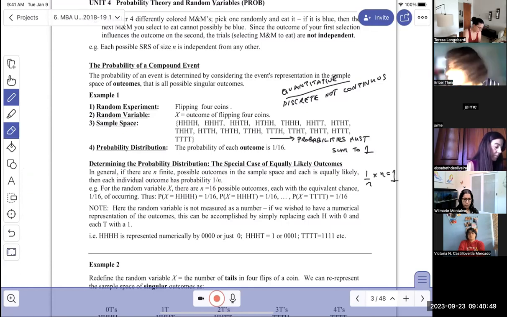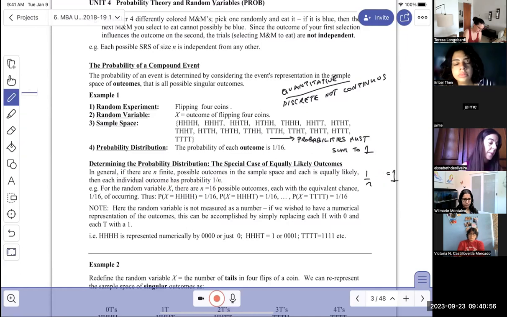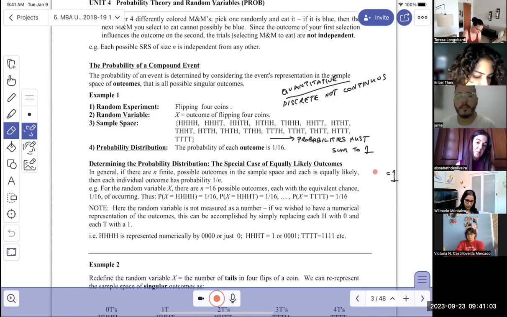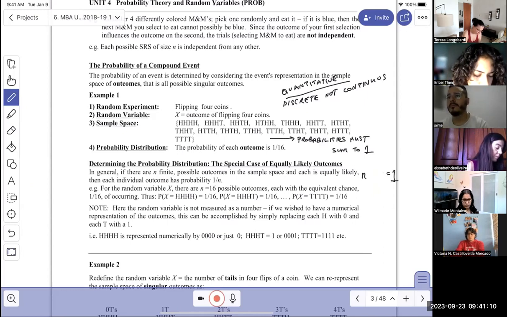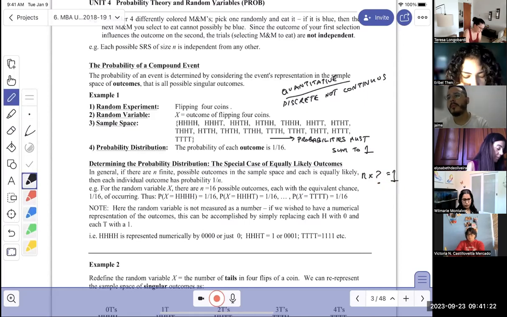Or you could motivate that: if they're all the same, what letter should I use? I'm going to just use a question mark, okay? So they're all the same times whatever the question mark is should be 1. So the question mark should be 1 over n.